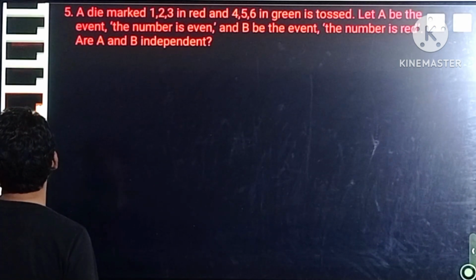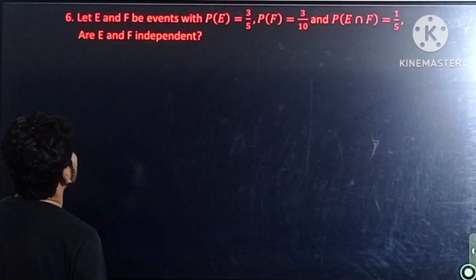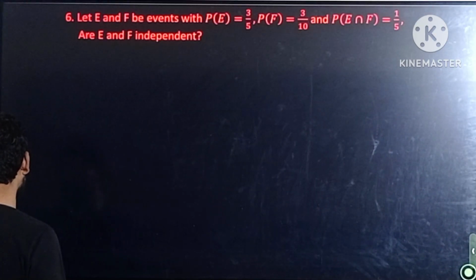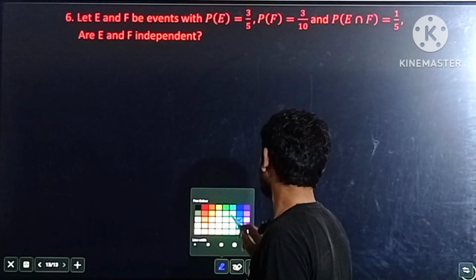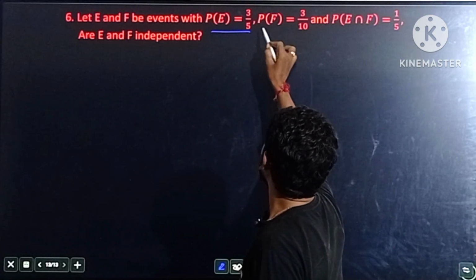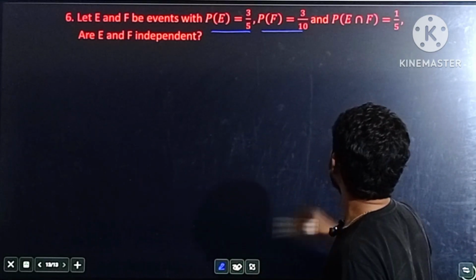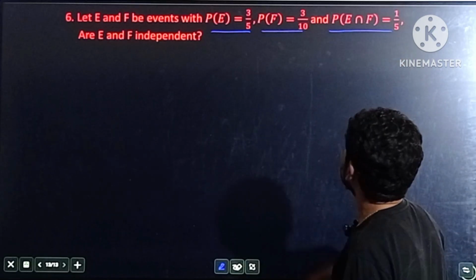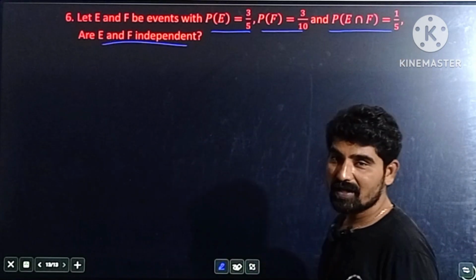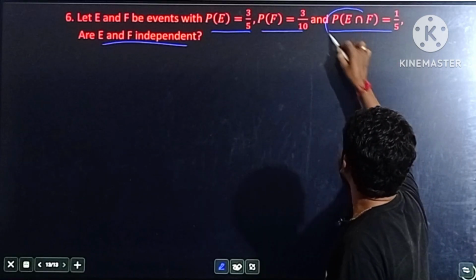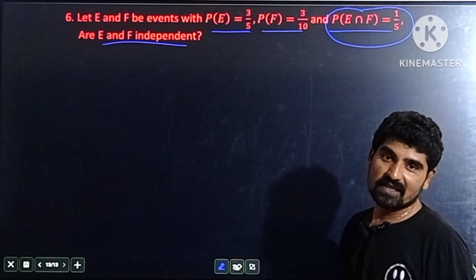And the next question is, let E and F be events with probability of E equal to 3 by 5 and probability of F equal to 3 by 10 and probability of E intersection F is 1 by 5. The question is, are E and F independent? So directly he has given the value of probability of E intersection F here.